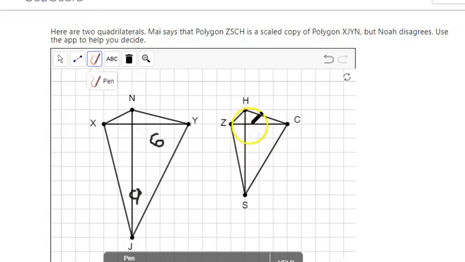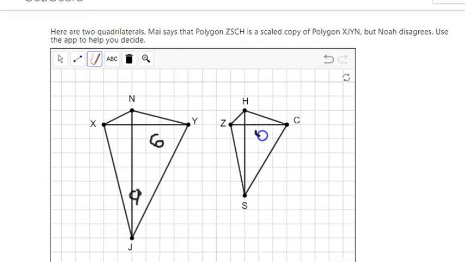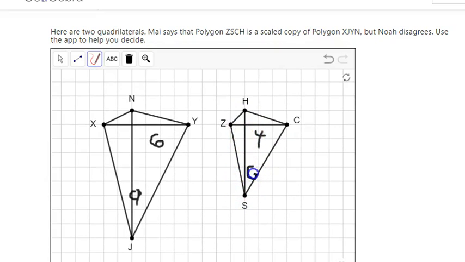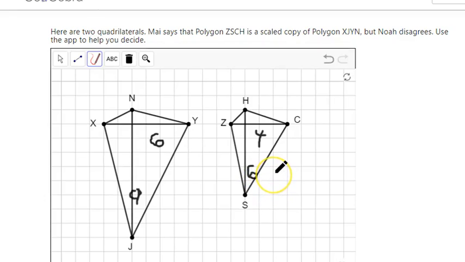So the horizontal is 1, 2, 3, 4. And the vertical is 1, 2, 3, 4, 5, 6. All right. So, does it work out?